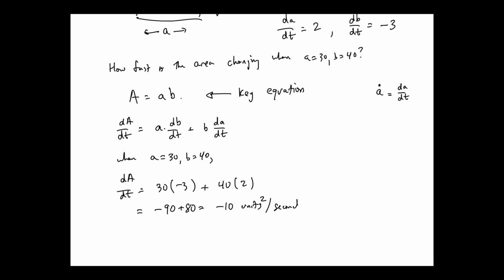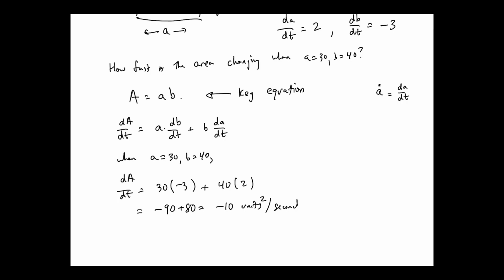So if you think about the units, you can use that as a way to catch mistakes. Let's say you're working a problem and it's supposed to be a rate of change of area, and you're getting units per second, but it should be square units per second. That means you messed something up somewhere.